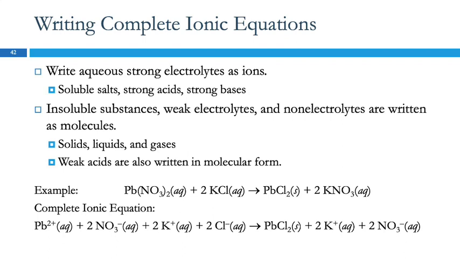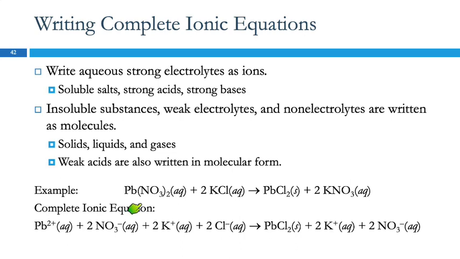And the only little tricky part here is that if we have a weak acid, that will have an aq state symbol because it's aqueous. We're also going to write weak acids as if they were molecules because a weak acid does not ionize completely. It only ionizes a little bit. Most of it is the complete molecule, and so that's how we're going to represent it.